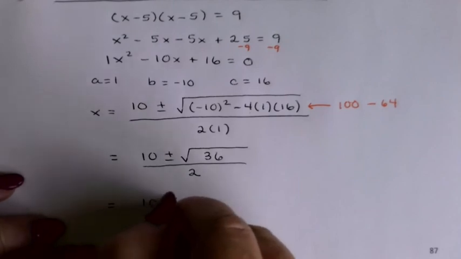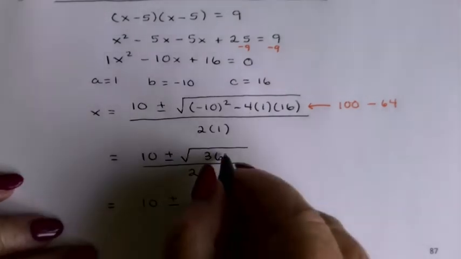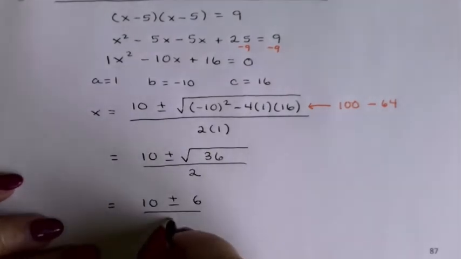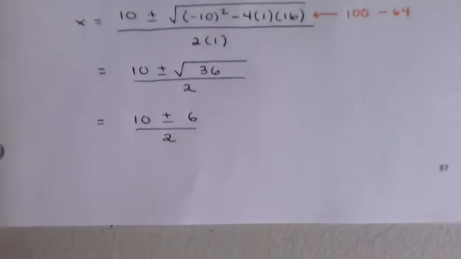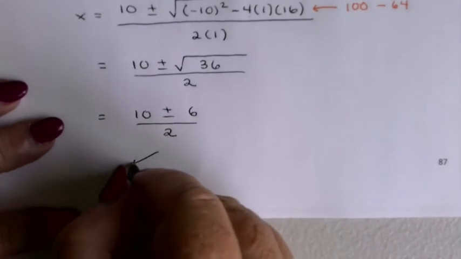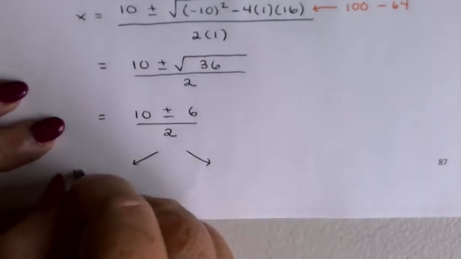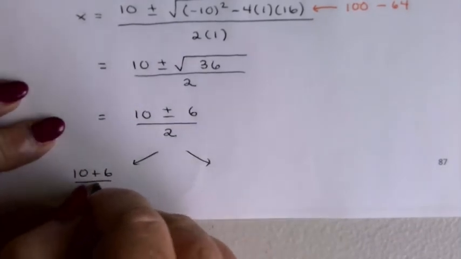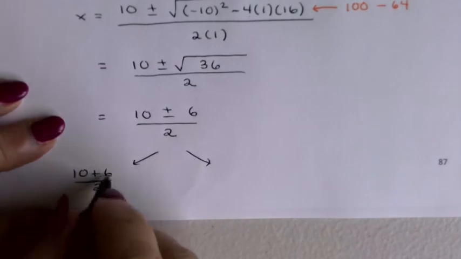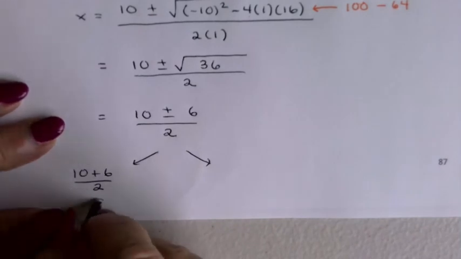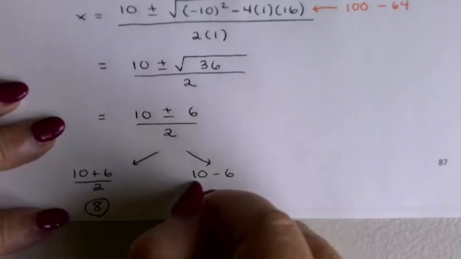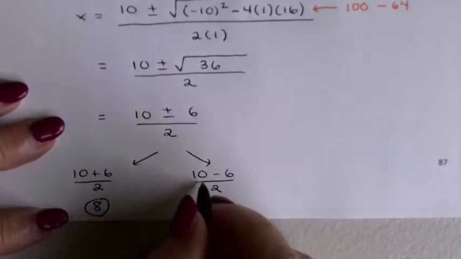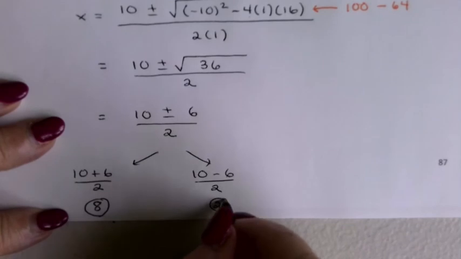So I'd have 10 plus or minus 6. Square root of 36 is 6 over 2. And if I take 10 plus 6 over 2, I'd get 16 divided by 2, which is 8. And if I take 10 minus 6 over 2, 4 divided by 2 is 2.